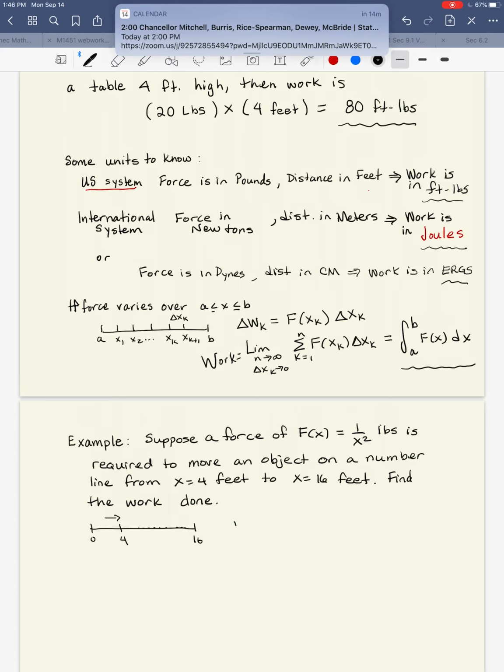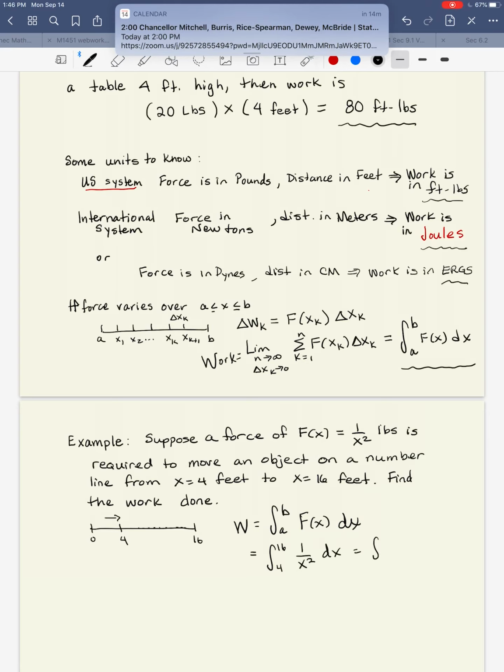So what I said above was that work is simply the integral from a to b of the force as a function of x integrated over the distance dx. Our distance is going from x is 4 to x is 16, so we're integrating 1 over x squared.